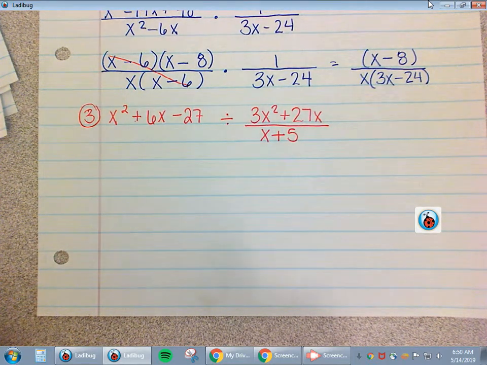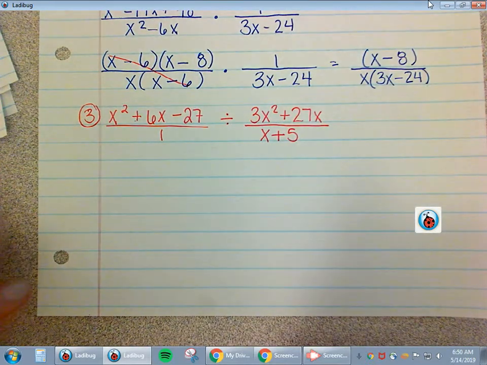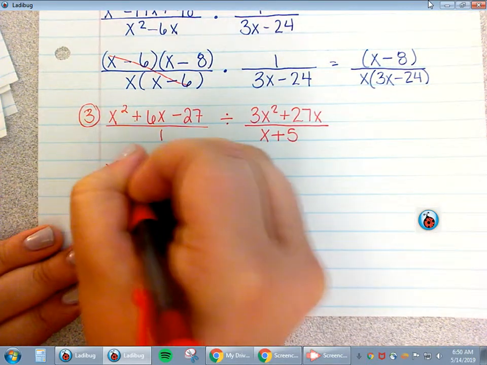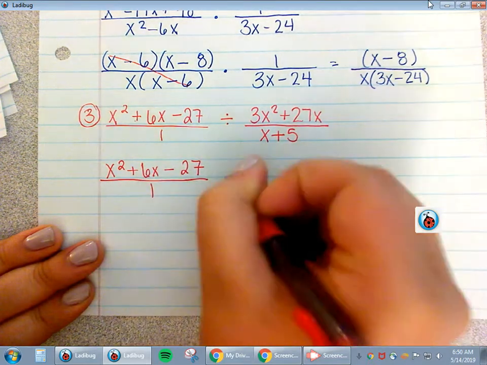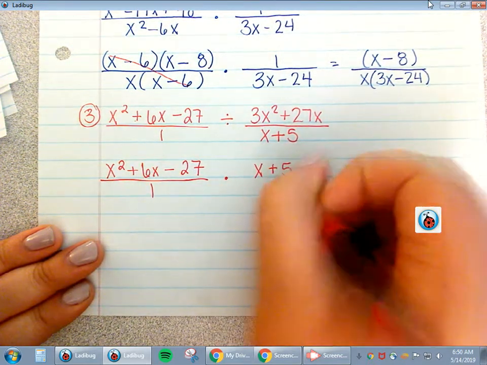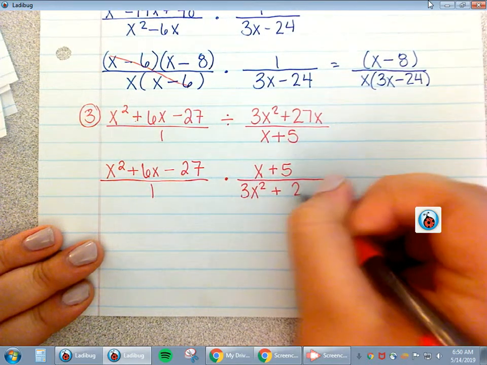Right off the get-go, notice there's no 1 under this one, so you can write a 1 in, and then go ahead and do your keep, change, flip. Like I said, on your bookwork, just do the keep, change, flip before you write it down.